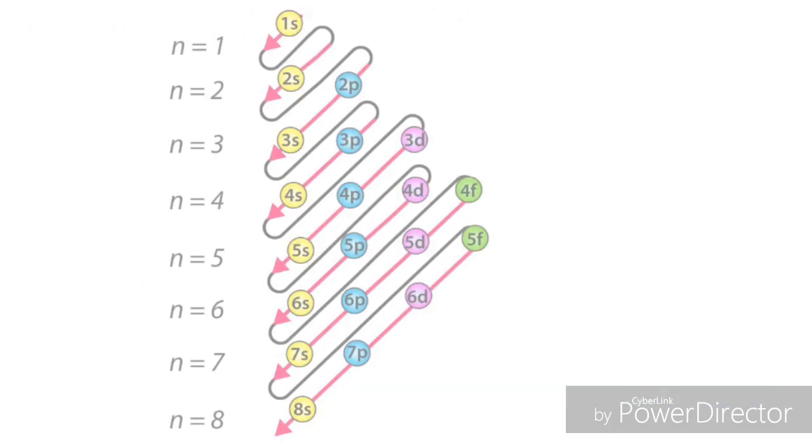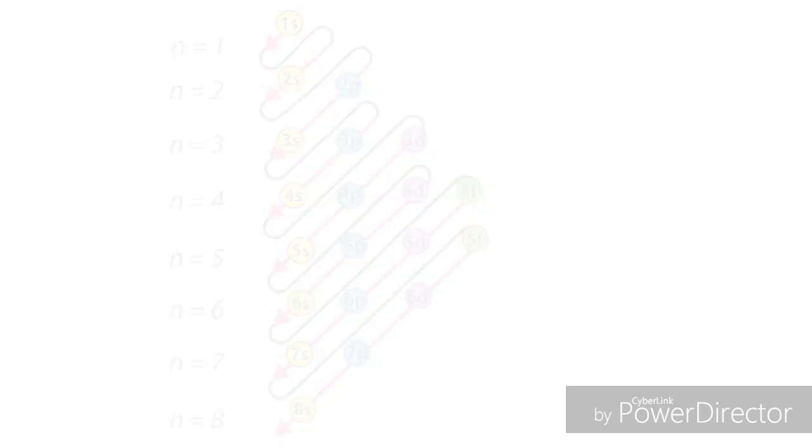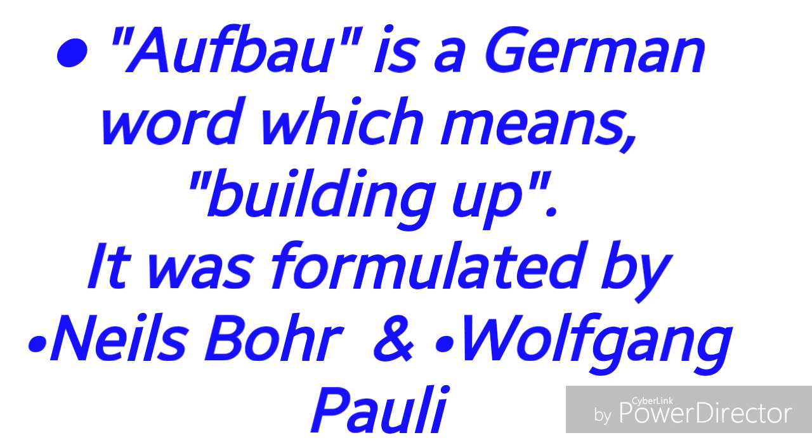Students, this Aufbau principle was proposed by Niels Bohr and Wolfgang Pauli. The meaning of the word Aufbau is building up. It's a German word. Niels Bohr and Wolfgang Pauli both contributed to the study of structure of atom, so they formulated this Aufbau principle.